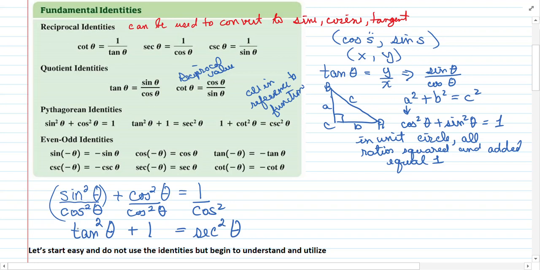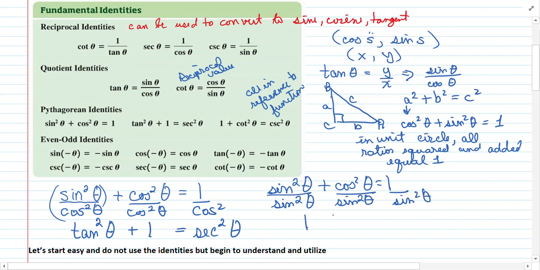theta. And by just dividing through, well, if we take the same sine squared theta plus cosine squared theta equals 1, and I divide this time by sine squared theta, then I'm going to get 1 for this plus cotangent squared theta equal to the reciprocal of sine squared theta, which is going to be cosecant squared theta.